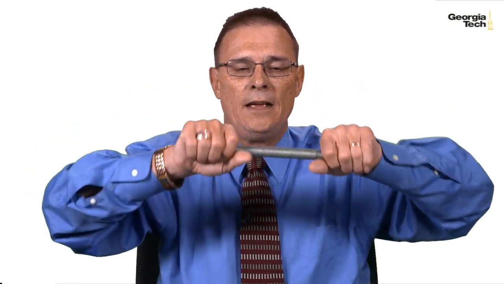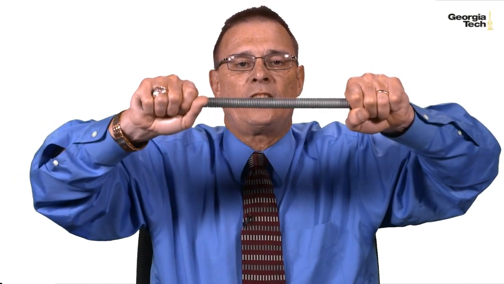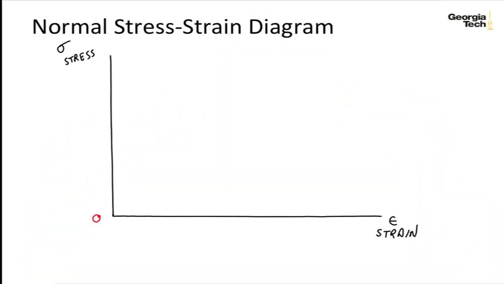So I put a load on, it stretches, and then it goes back. And we call this the linear elastic range because there's a direct proportionality between stress and strain. So this is called the linear elastic region, and it's directly proportional.